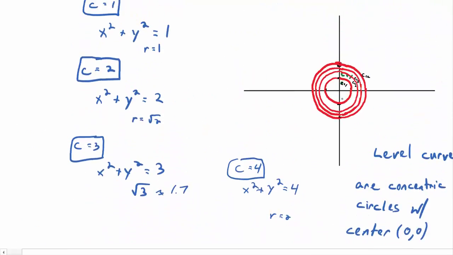So you can see that here, for the same distance between the c values, the ones out here are closer together than the ones that we started with. And so the graph is steeper in this area than in this area. Closer together level curves indicate a steeper graph.